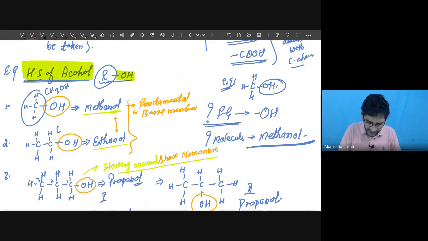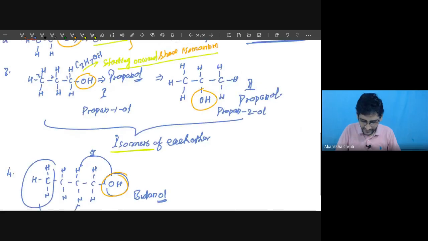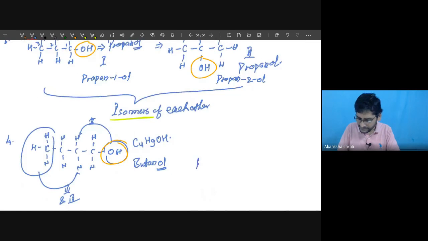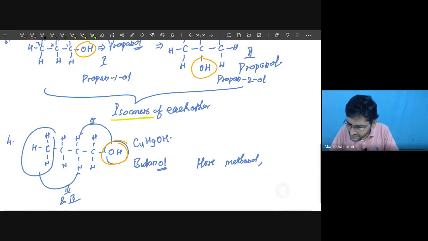For ethanol, C2H5OH. For propanol, it is C3H, 3 2s are 6 plus 1 is 7, you may count it, OH. Coming to butanol, the molecular formula is C4H9OH. Okay? So here, methanol, ethanol, or let me write on the next page.